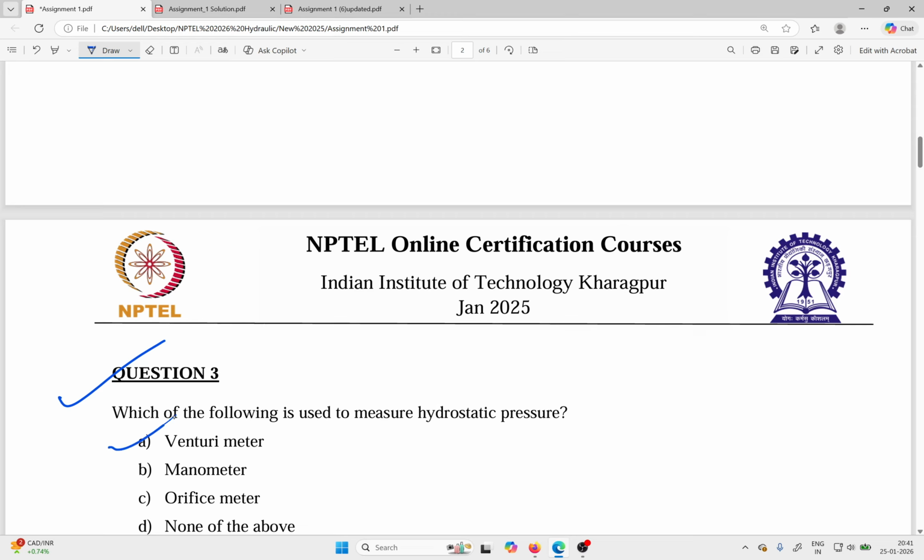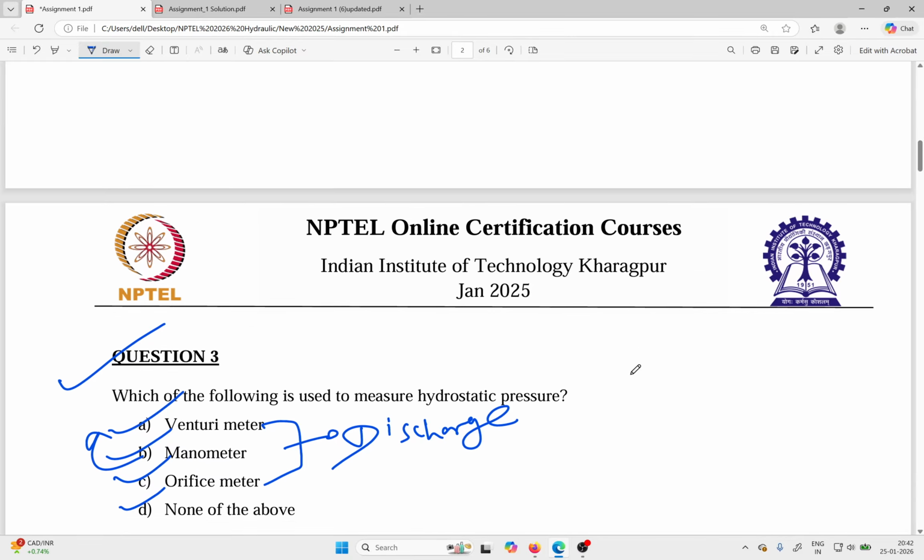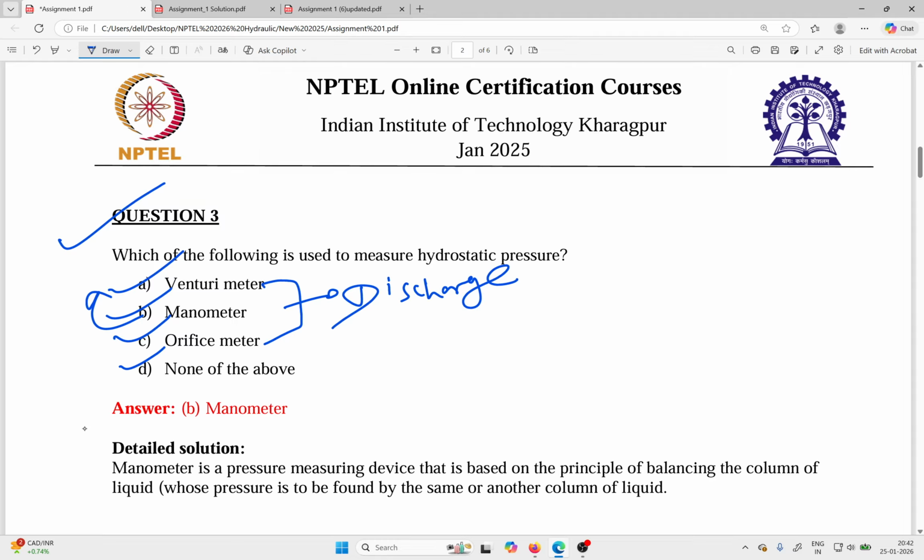So whether you will use the Venturi meter, manometer, orifice meter, or none of the above. The Venturi meter and orifice meter are the two devices for measuring the discharge. Manometer is used for pressure measurement. So for pressure measurement you will use a manometer.